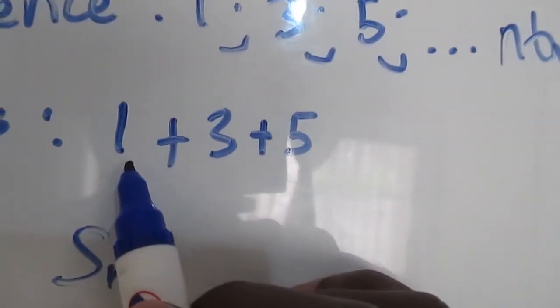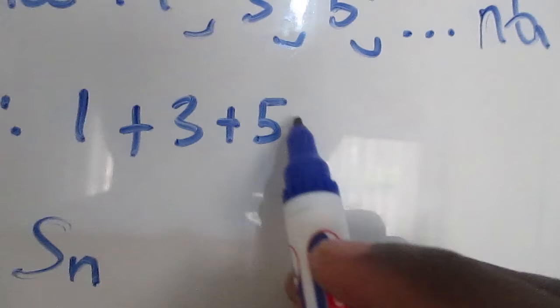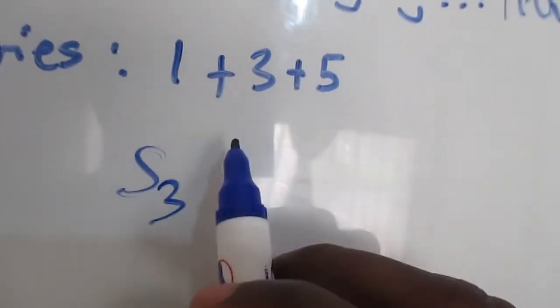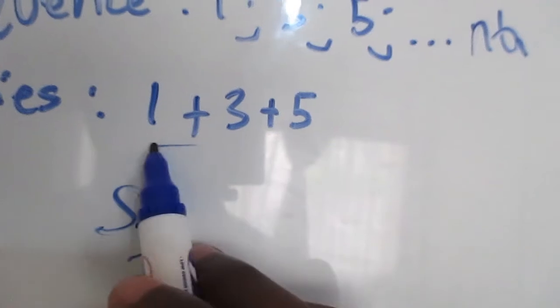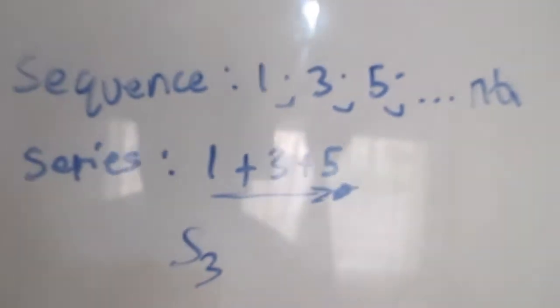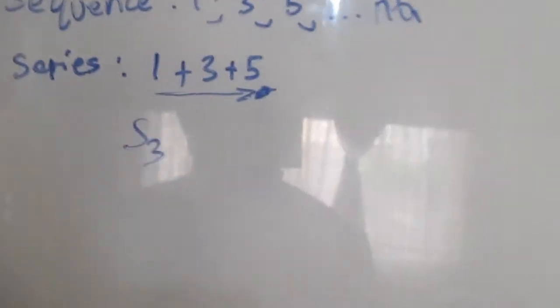To find the sum to the nth term, which is the third term in this case, the sum would be the sum of all of these terms that precede it, including it.